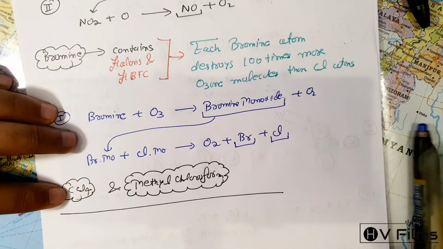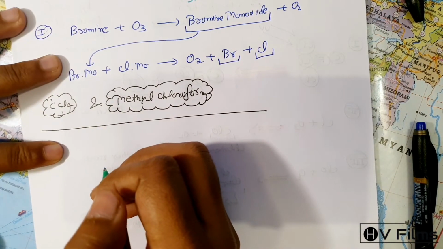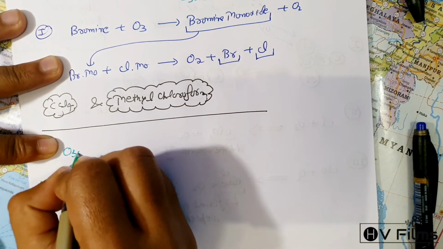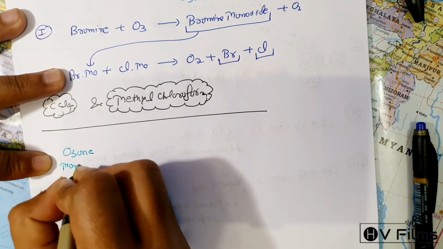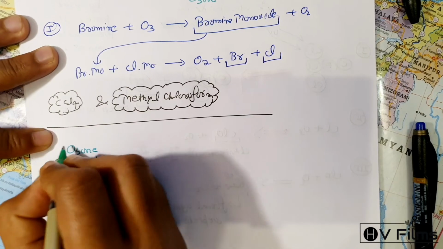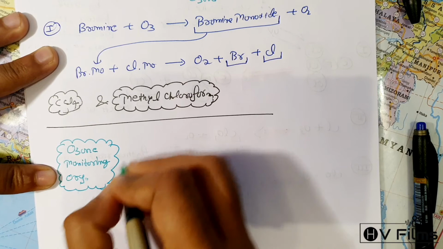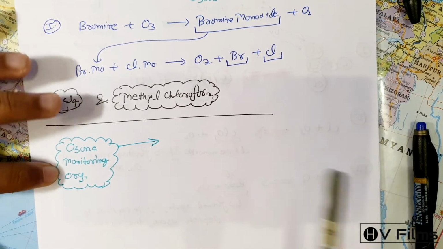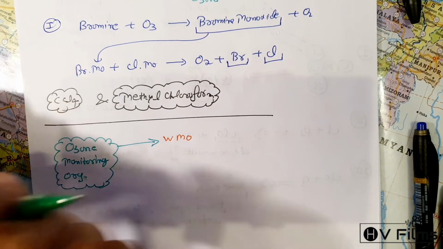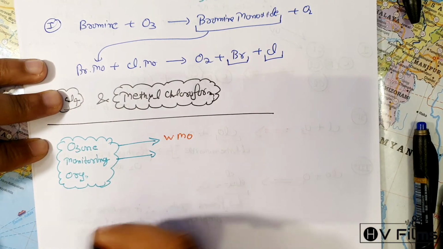Now, there are a few ozone monitoring organizations which keep track of how much ozone has been left and how much is destroyed. These are the four major organizations. The very first is the World Meteorological Organization, WMO. The second one is the World Weather Watch, WWW.